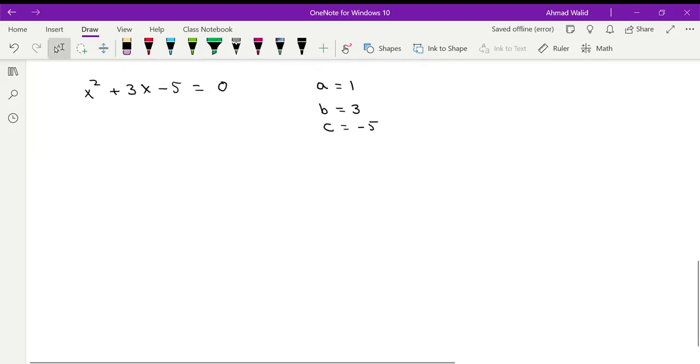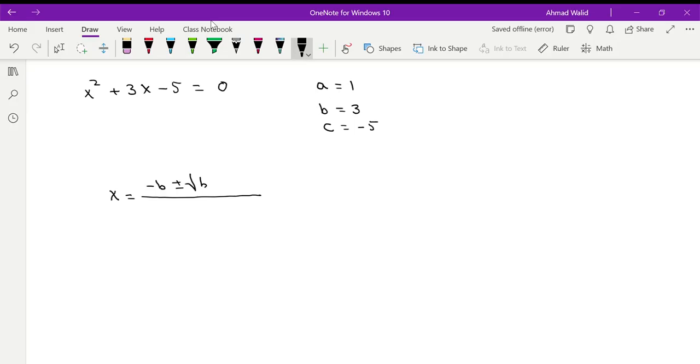Next step is your formula. I recommend that every time when you do your homework, please write the formula again and again for each problem. Why? Because by writing the formula first, actually you are trying to memorize it, correct?